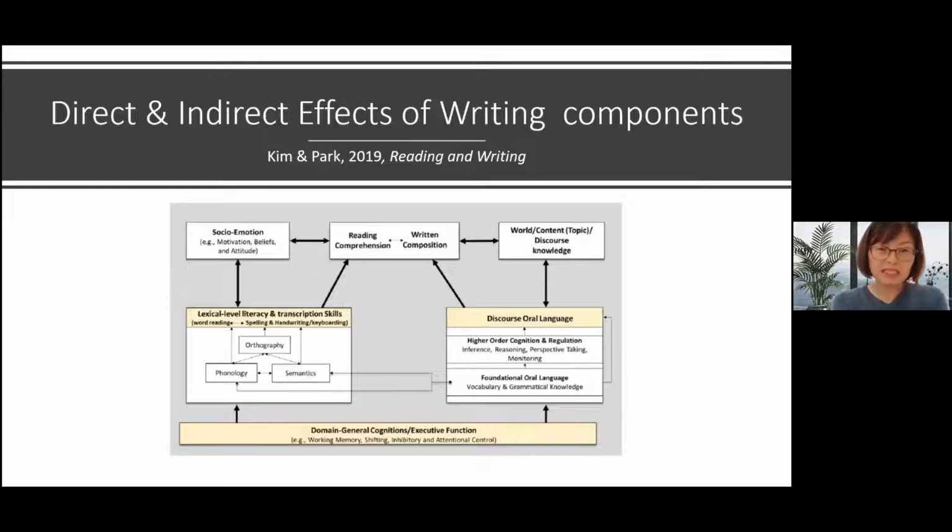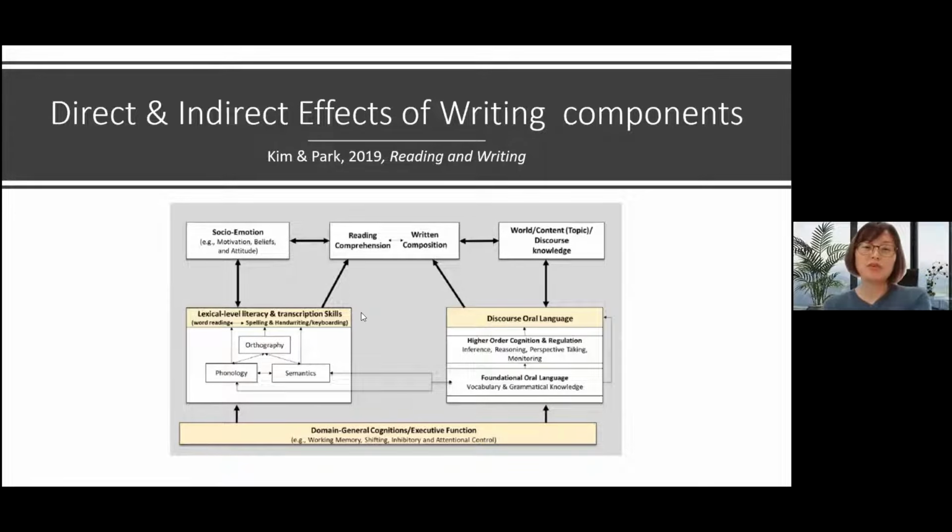What that means is, to develop word reading and spelling, and also a handwriting piece, which is slightly different but let me just put them together for now, students need solid understanding, or explicit and systematic instruction, on phonological awareness, orthographic awareness, and morphological awareness. So we've known about this, and we put them together here in this box. So that's on the left.